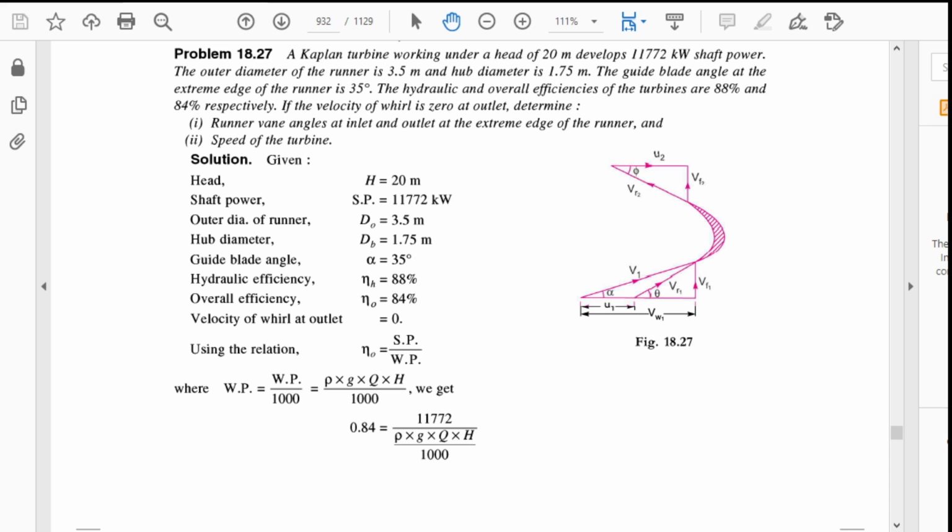Water power can be calculated by rho g Q H divided by 1000.